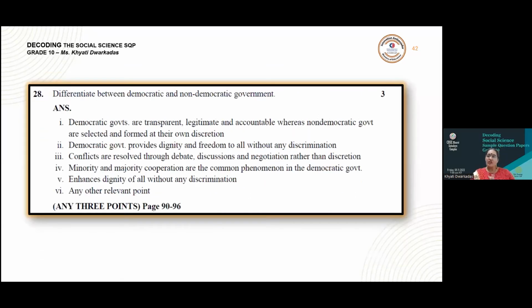Then we come to differentiate between democratic and non-democratic governments. Differentiate also, 3 points on both sides should suffice. Normally, we write differences in tabular form, so 3 points on both sides should suffice.